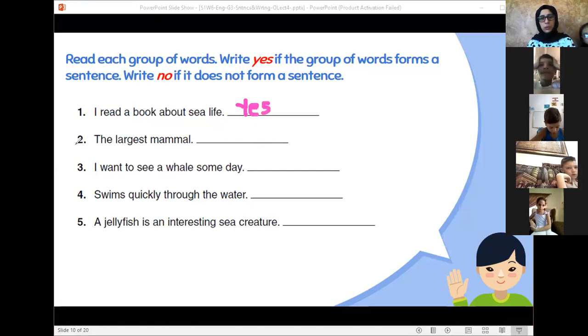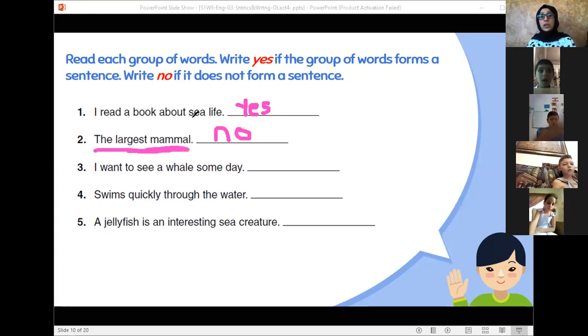The largest mammal. Bravo. So is it a sentence? No. Bravo. Why? Because I don't know what happened to the largest mammal. Is this the naming or telling part? Naming. Bravo. So the naming part is here, but the telling part is missing. That's why it's not a complete sentence.